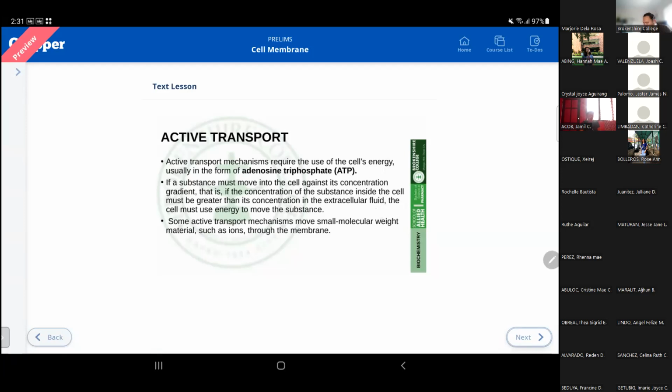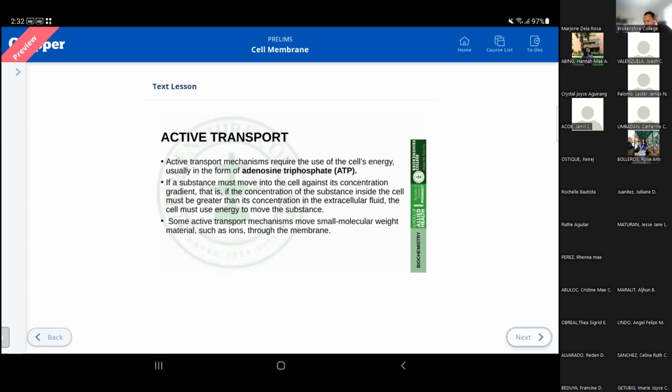This means that the concentration of the substance is higher inside of the cell than outside, and only a little of that substance is outside. In order for it to move inside under active transport, against its concentration gradient, it needs ATP to pass through.